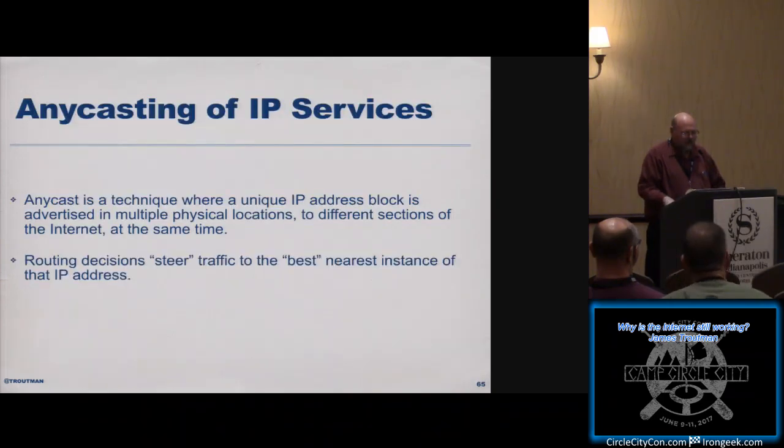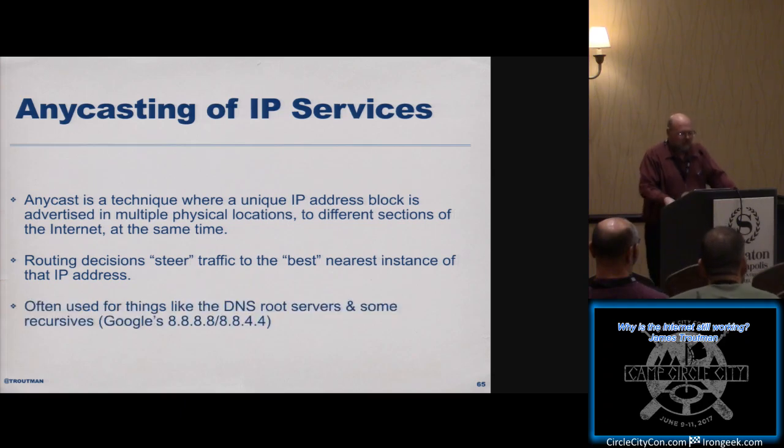Very quickly, anycasting of services. This is a technique for how the internet scales. You announce an IP subnet in multiple locations on the internet at the same time. The routers make decisions to steer the traffic to the best or nearest instance of that address, used for things like root DNS servers and some things like Google's 8.8.8.8, which I'm sure all of you are familiar with.